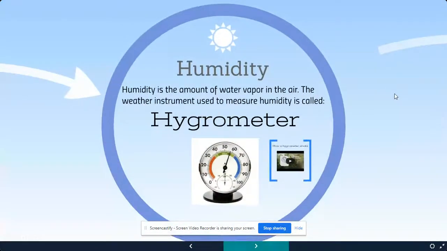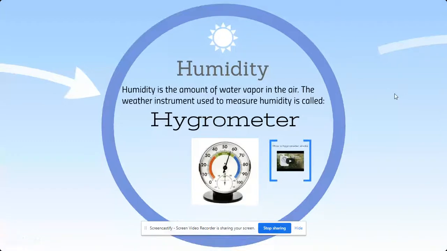Humidity is also measured by meteorologists. Humidity is the amount of water vapor in the air. The weather instrument used to measure humidity is called a hygrometer. You can sometimes feel the humidity in the air. For instance, if you go on a run on a super muggy day when it's almost about to rain, maybe during the summer, you feel wet after you finish running.